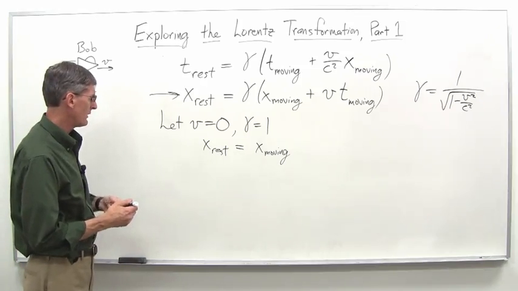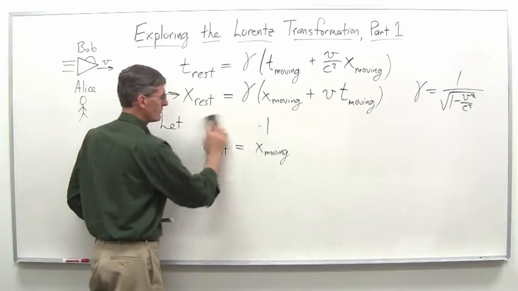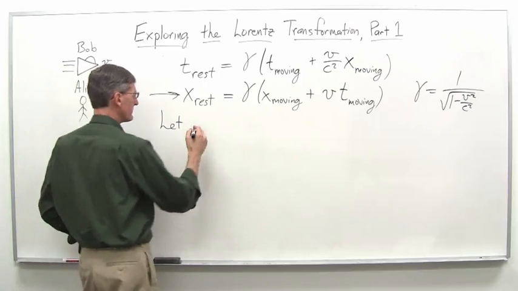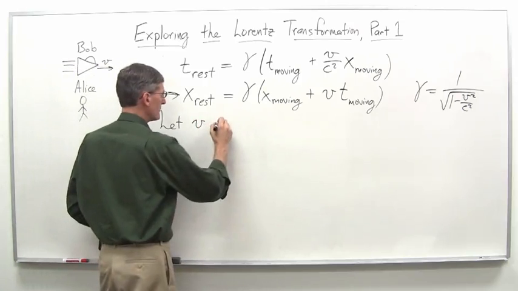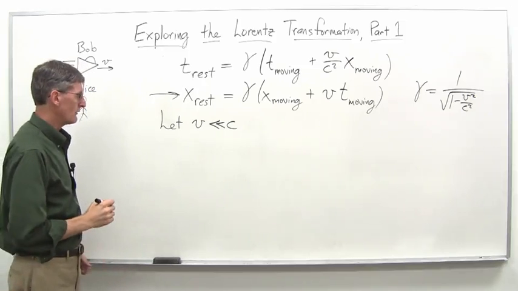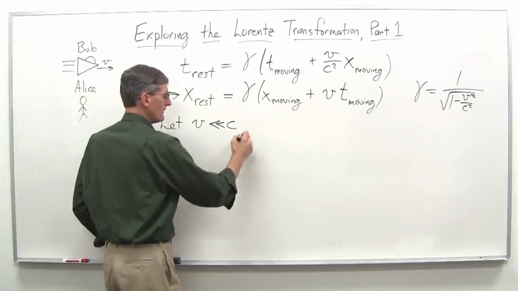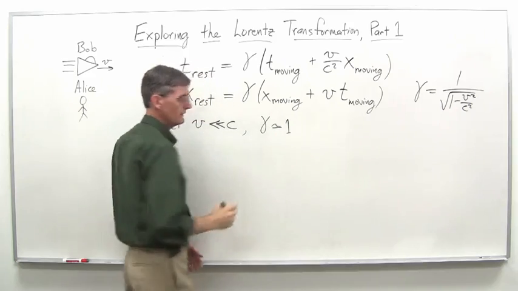So that was our first test case, and that made sense. Now let's not let v be equal to 0, but let's make it really small compared to the speed of light, sort of an everyday type of velocity. So if v is much less than c, then gamma is approximately equal to 1.